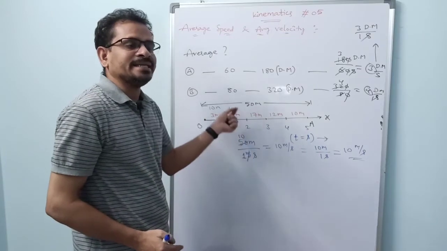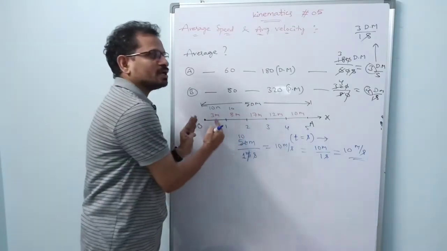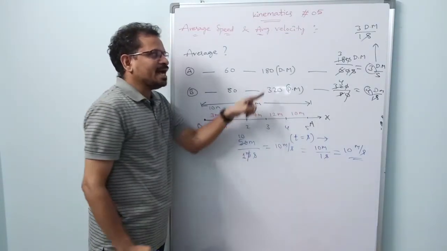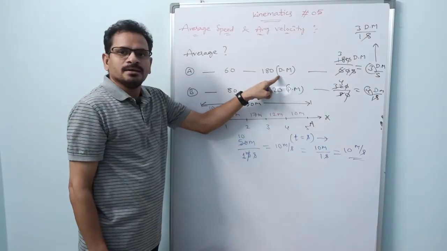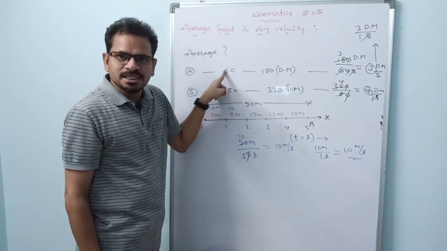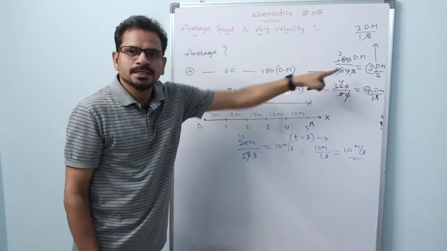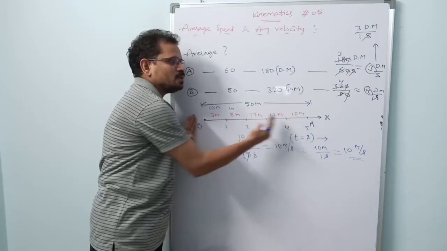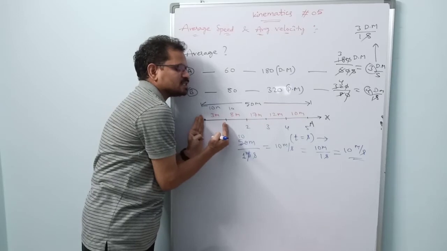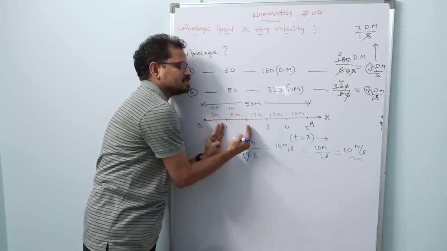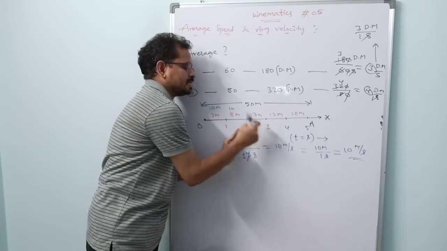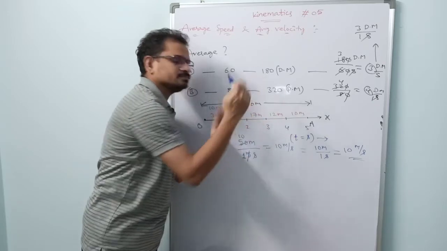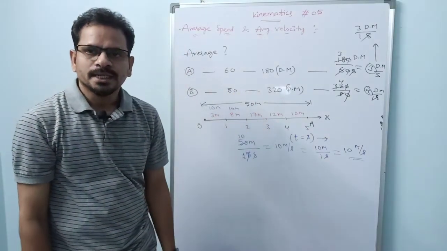Distance is equally distributed for each second, as dairy milks are uniformly distributed for each student in that case. Here, distances are distributed uniformly: first second 10 meters, second second 10 meters, third second 10 meters, like that. Got it?